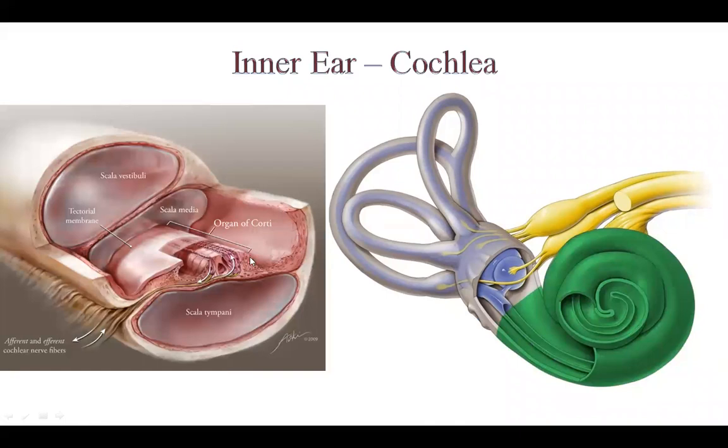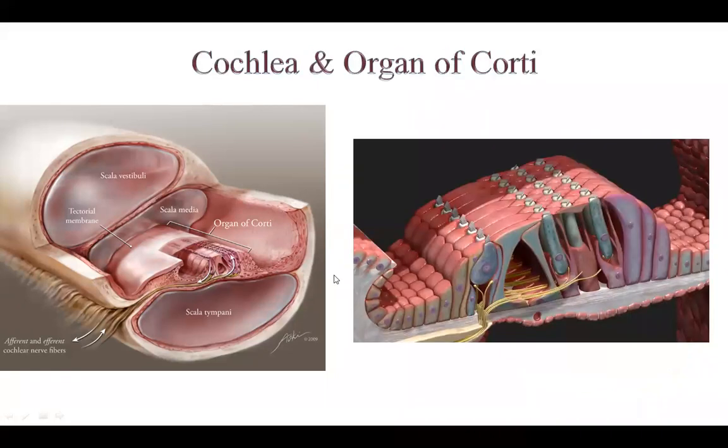If you see the cross section, here it is very evident. Look here. This is scala vestibuli, the uppermost. Center is scala media. And this is scala tympani. This structure over here is basilar membrane. On the basilar membrane, you have organ of Corti. Scala vestibuli and scala tympani contain perilymph, whereas scala media contains endolymph.